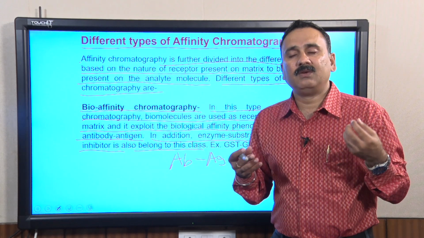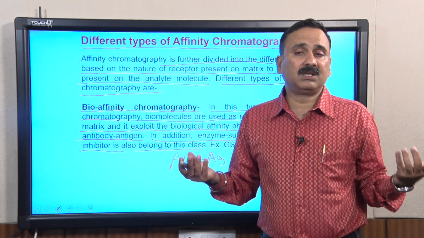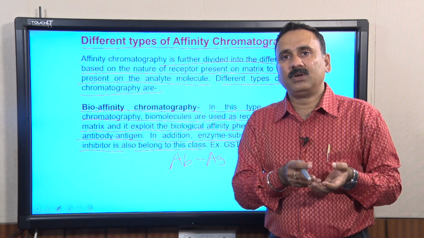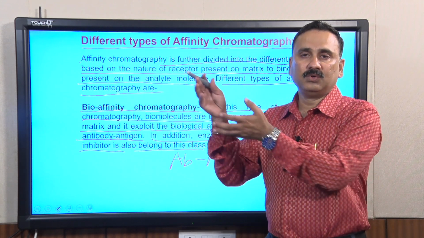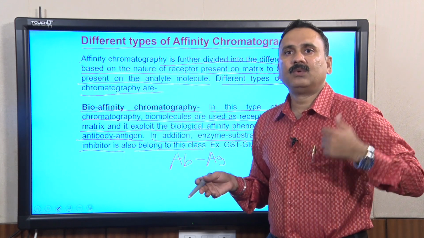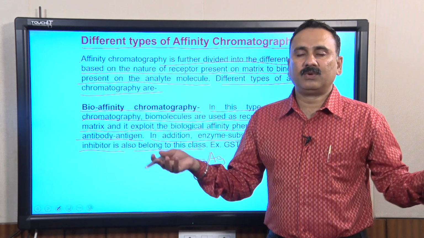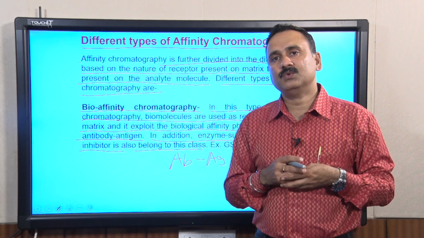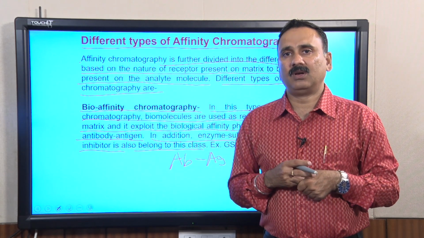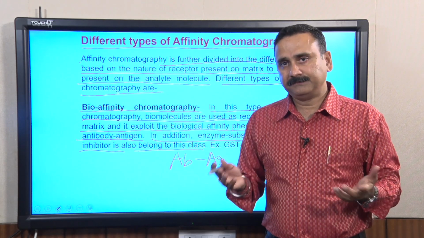So, you can use the antibody and antigen complexes, where you put the antigens onto the proteins, and have the antibodies coupled to the matrix, and use this combination to purify a particular type of protein.